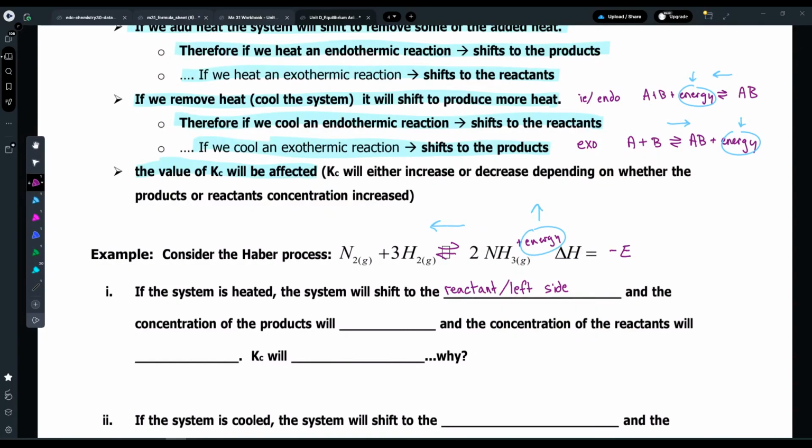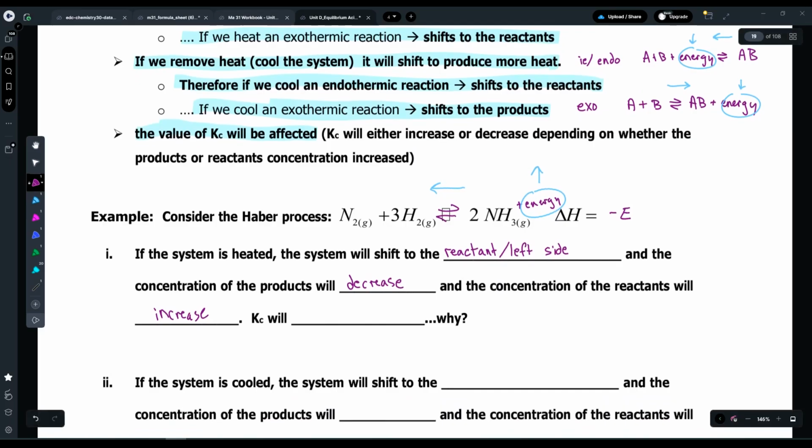So this means that the concentration of products is going to decrease because that reverse reaction is favored, and the concentration of reactants is going to increase. Now, since changes in temperature result in our equilibrium constant being affected, what's going to happen to our equilibrium constant is it's going to decrease.